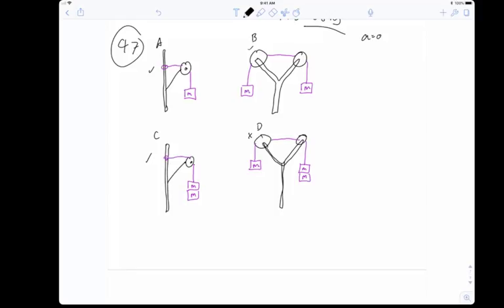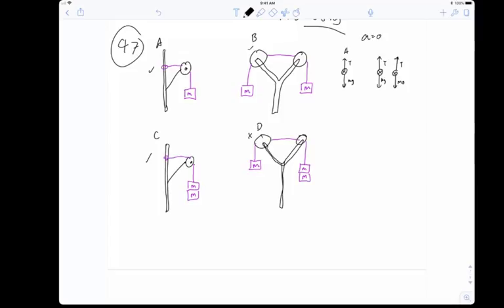For the first one, the free body diagram of the mass looks like this. Tension pulls up, gravity pulls down. Second one, there are 2 masses. Each of those has mg and tension.